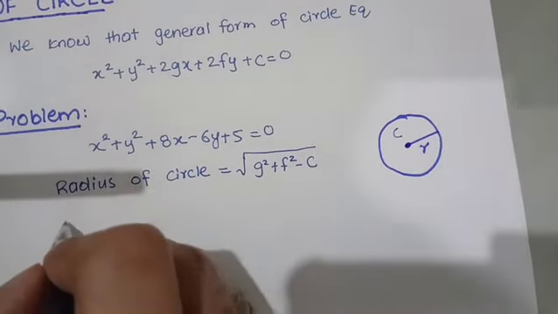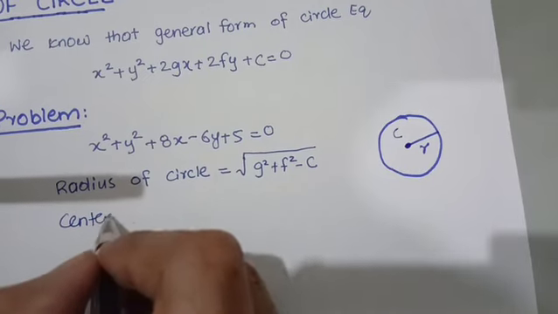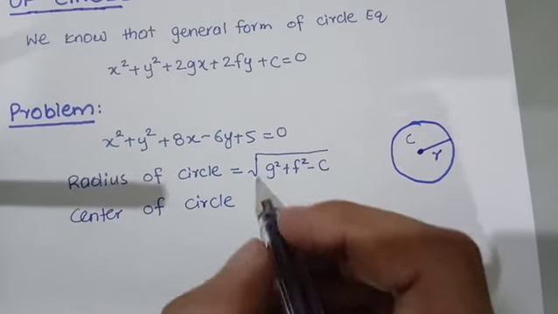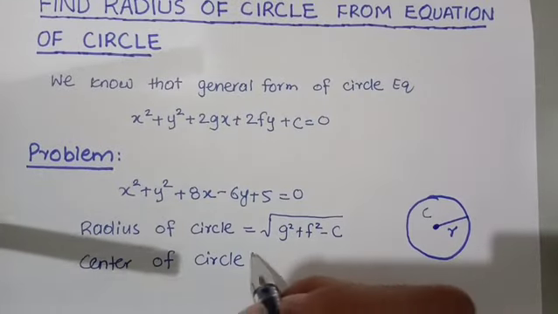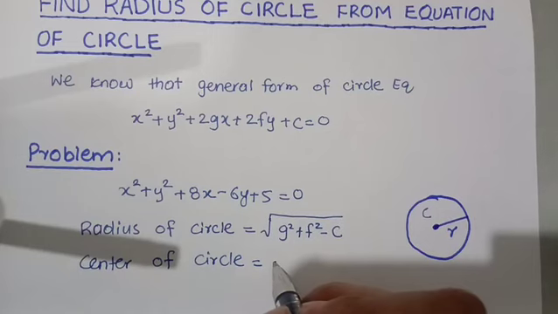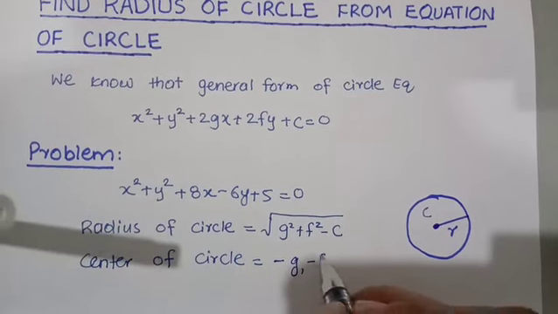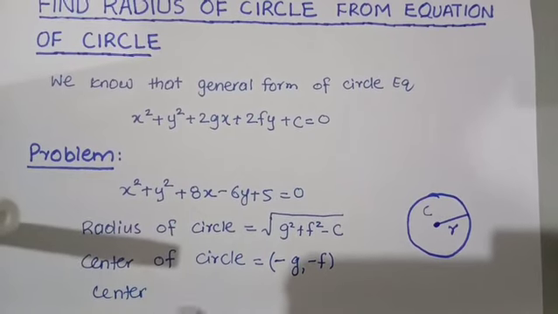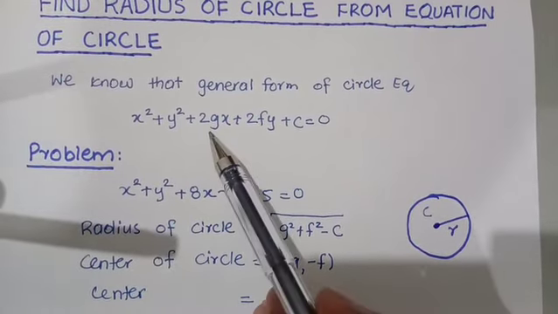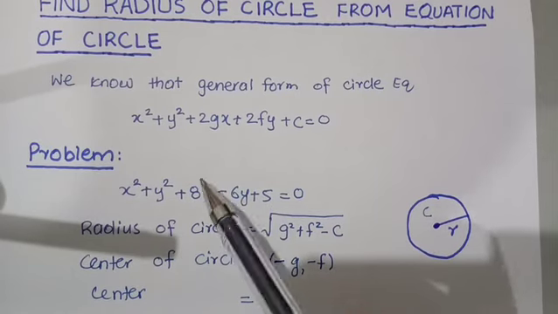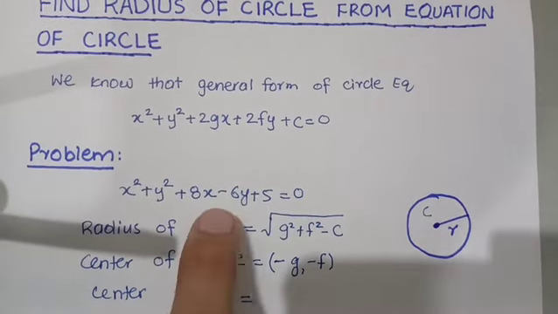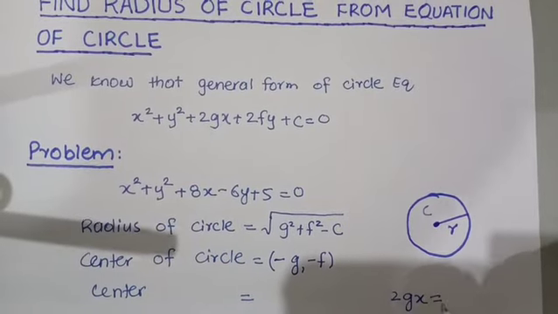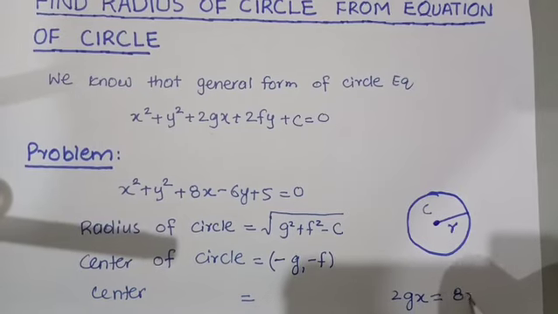So the center of a circle is given by the coordinates minus g, minus f. From this equation, if we compare this general equation with our problem, we will get 2gx is equal to 8x.